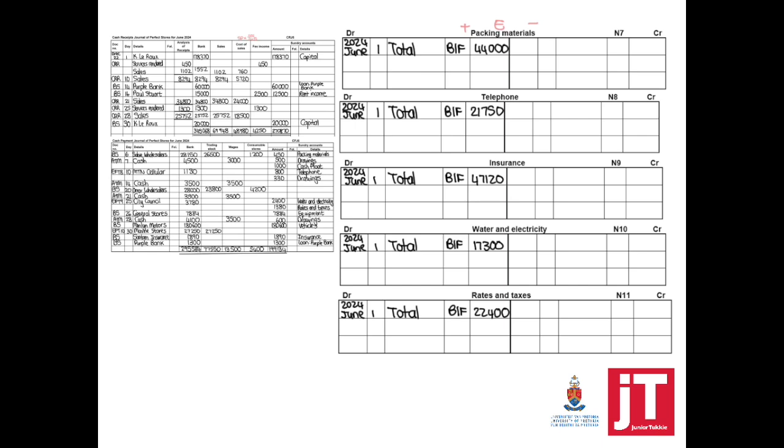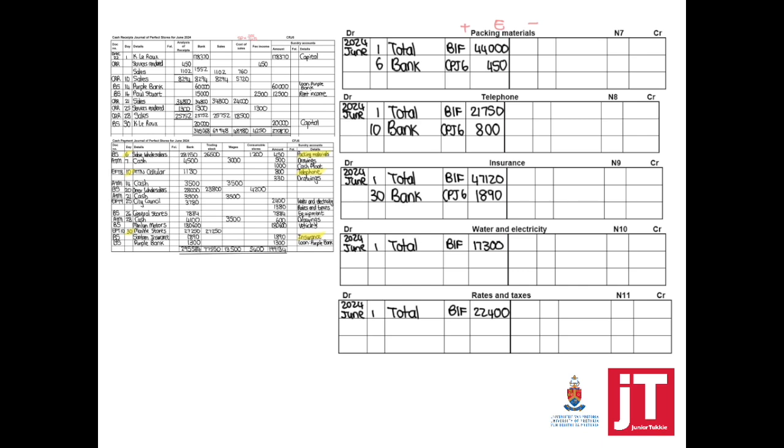So what happened? Packing material was purchased on the 6th, so our expense will increase. Telephone on the 10th. Every time that we've made a payment, our expense will increase. Insurance on the 30th.